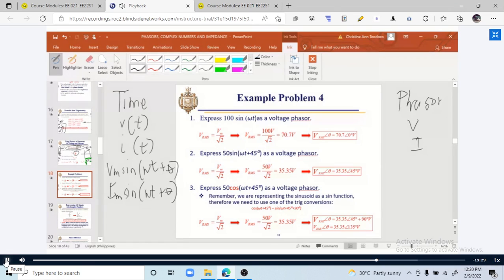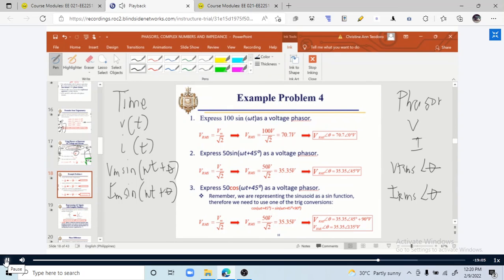Now, on the phasor format, this becomes VRMS angle theta. And the theta here and the theta here is just the same, so no need to convert. We are just going to convert the VM to VRMS and VRMS to VM depending on the conversion that is going on. So this will be IRMS angle theta.